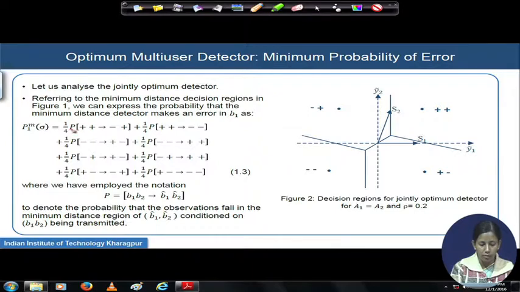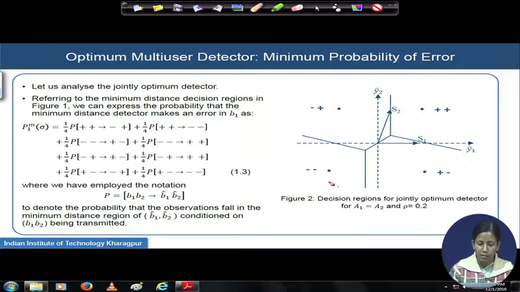What I have written is that 1/4 is the probability that you have transmitted both signals +1 +1, that is B1 and B2 transmitted plus, but because of a wrong decision or changes in the channel, you have detected it to be -1 +1. So, the signal was transmitted at this coordinate and you have detected it as if this other signal was transmitted. Another 1/4 is the probability that you have transmitted this and detected that, and vice versa.